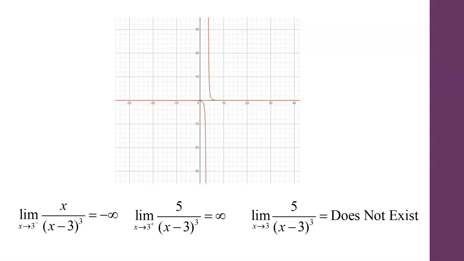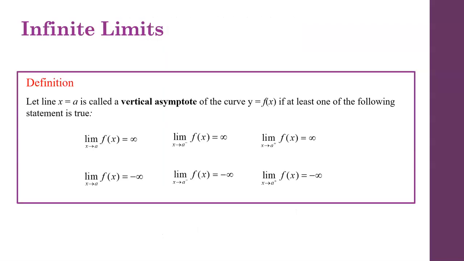And just to connect the two concepts, we define that a line x equals a is called a vertical asymptote of a function y equals f of x if at least one of these 6 statements is true, right? There could be more than one that's true, but at least one, right?